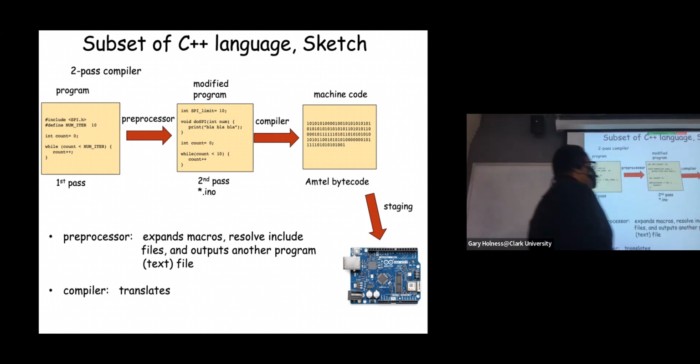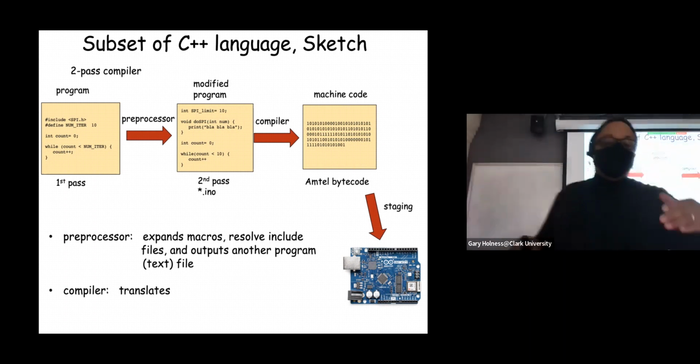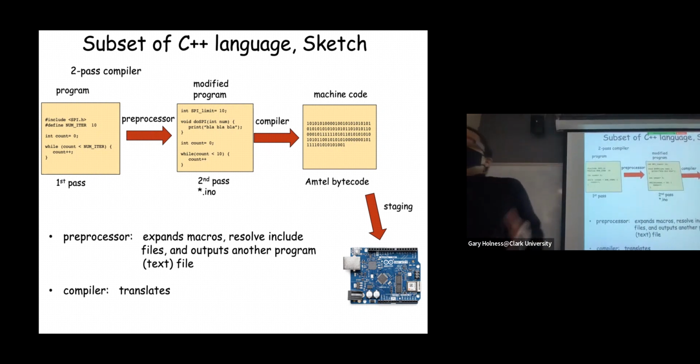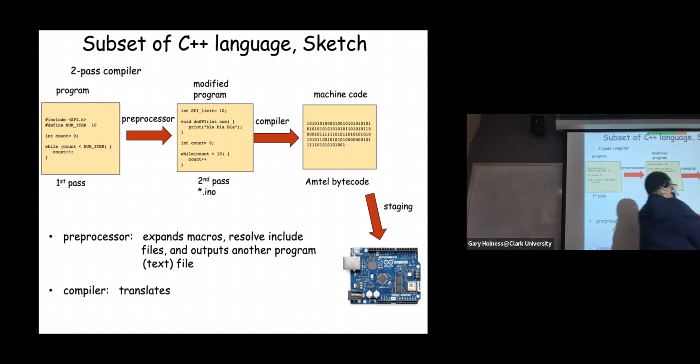What that does is it says, all right, before you actually do the translation, I want you to go find this file on the disk, load it into memory, and paste it where that number sign include command is. The reason why that's done is to make your code look better. Because if you included all the stuff from that spi.h file, it would be a lot more messy, and it's not as modular. Typically that's used to add to your program all the definitions you need for particular types of libraries, okay? That's nothing more than effectively load, copy, and paste.